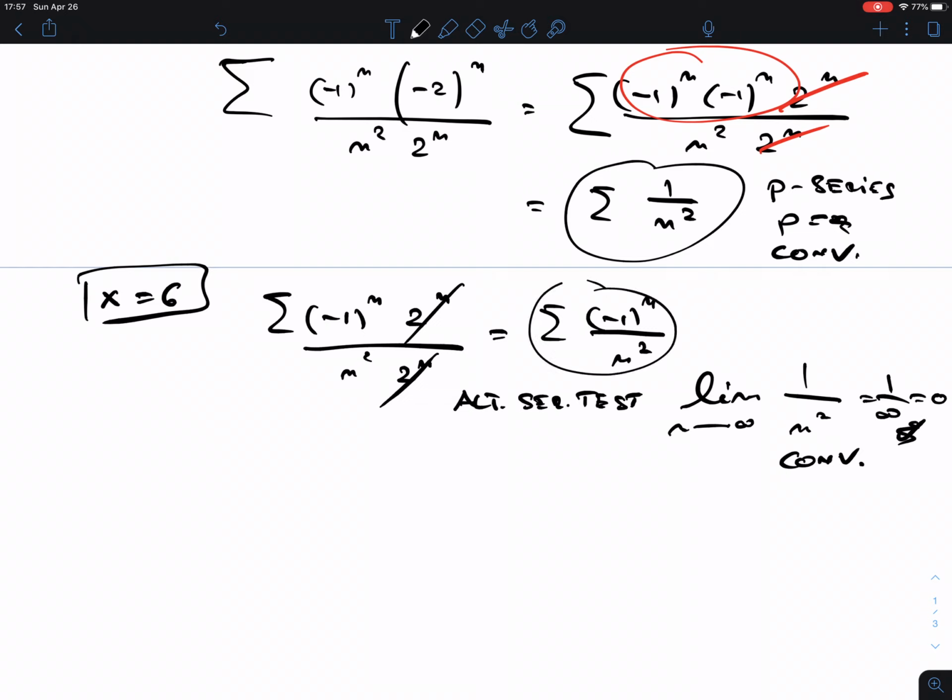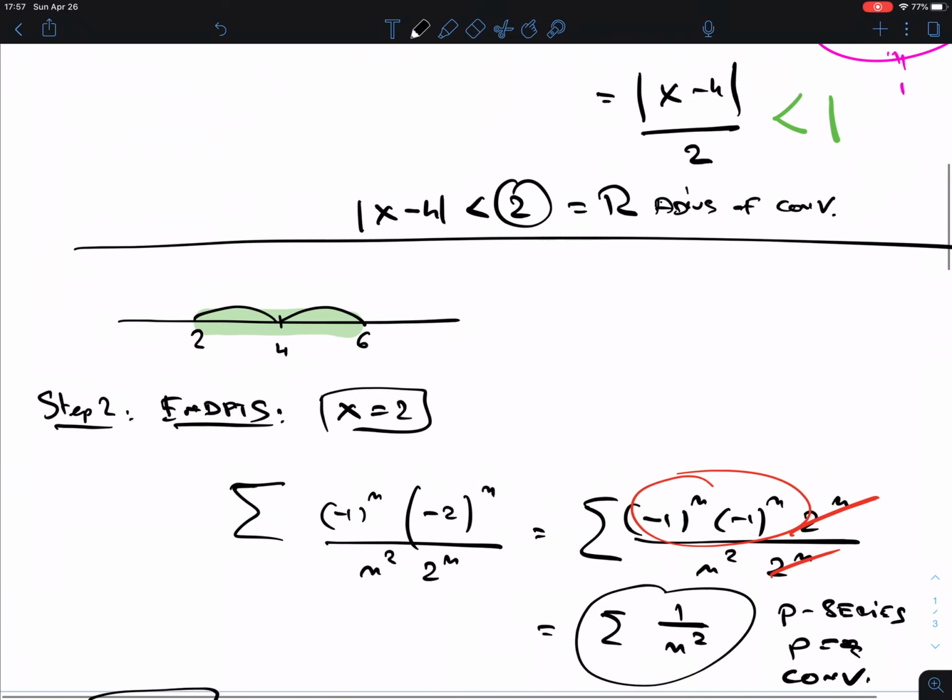So this last series is actually absolutely convergent, and therefore in particular convergent. That's another way you can do it. Fine, that's it. And so, if you want to denote this, the solution is [2, 6], both endpoints included, where you use square brackets.